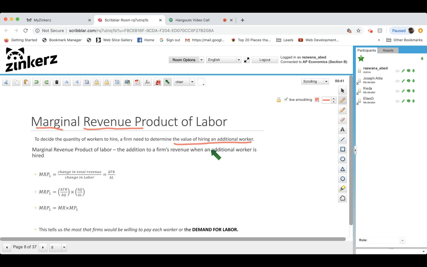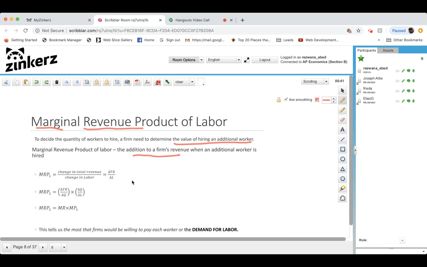So how many workers I'm going to hire depends on the value that these additional workers are going to bring to me.